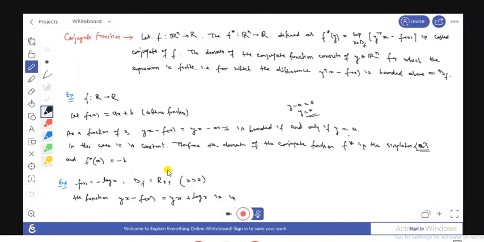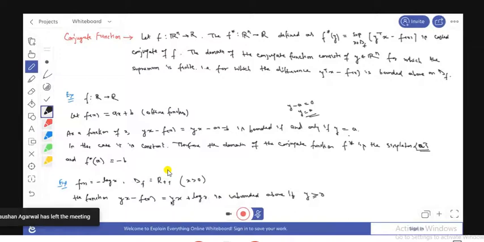This function is unbounded if y is greater than or equal to 0, because these terms are positive, and log of x is positive.